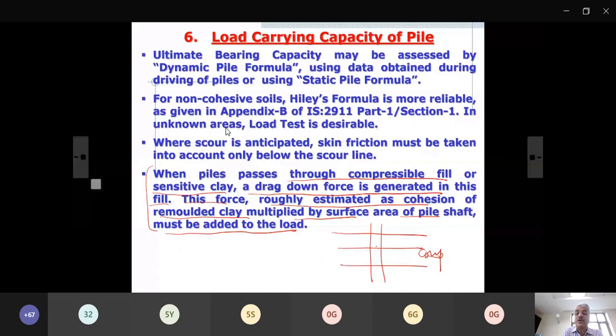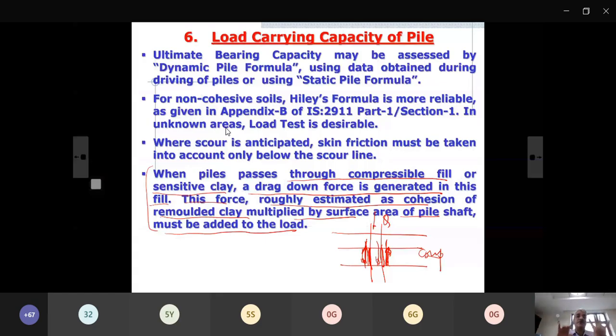When you are driving your pile through this, the layer gets compressed because it is compressible, and then it will give you a drag down effect, and that force will work like this. That is basically frictional force around the pile. So that's why you take cohesion value C and the area of the shaft. That is acting in a downward direction, sorry. Drag down force acts in a downward direction. So it gets added to the load, or it is negative friction load.